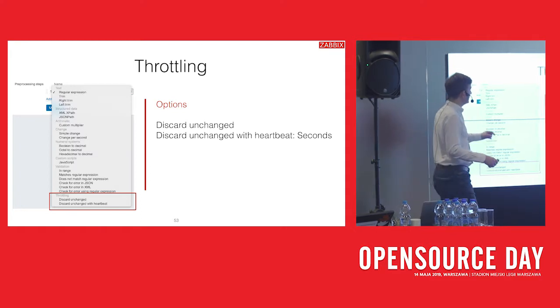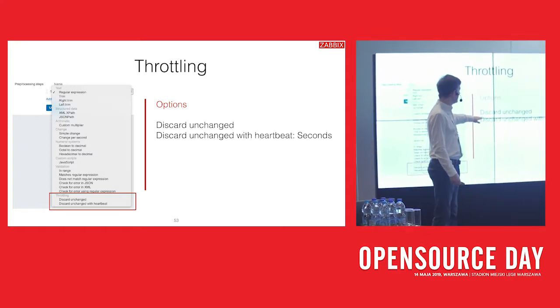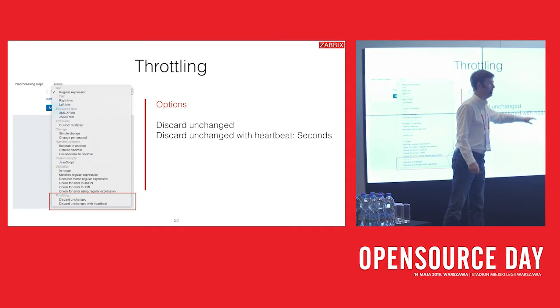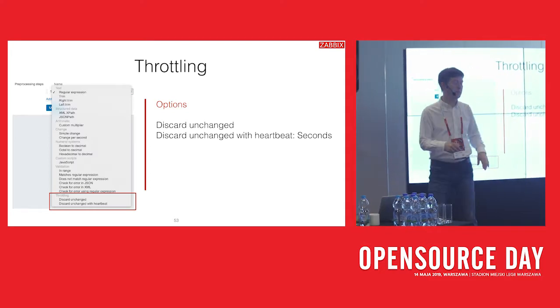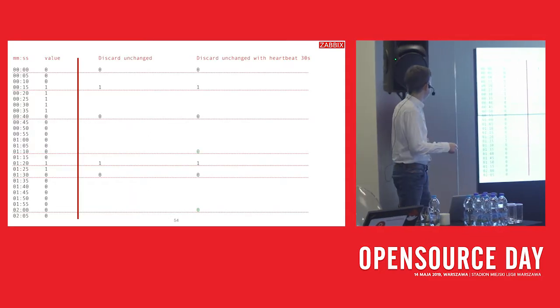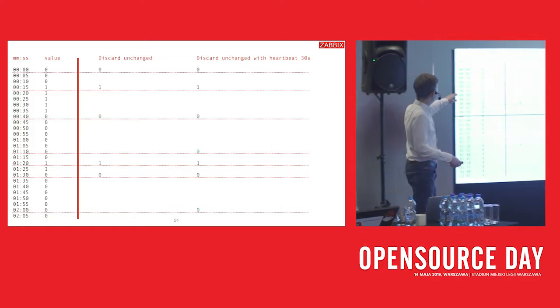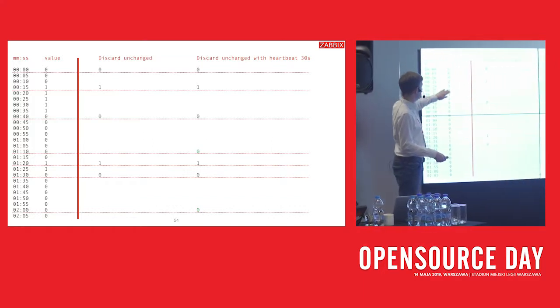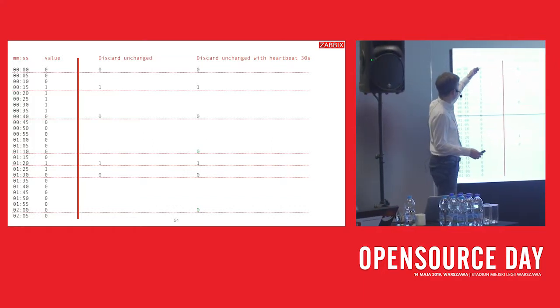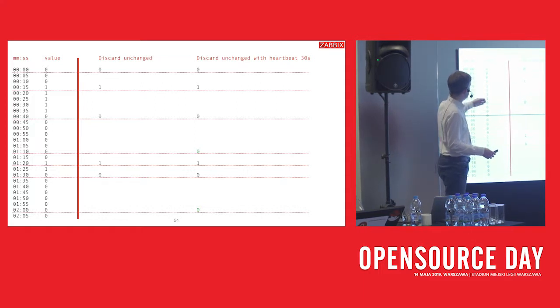And that's why we introduced another option, which is called discard unchanged with a heartbeat. And the heartbeat is given in seconds. Let me just explain how it works. So this is a timeline. This is the status of my application. 0, it's down, it's up, it's down, up, down, for example.